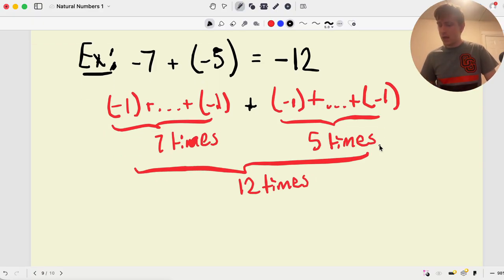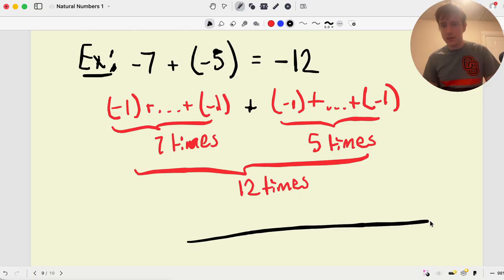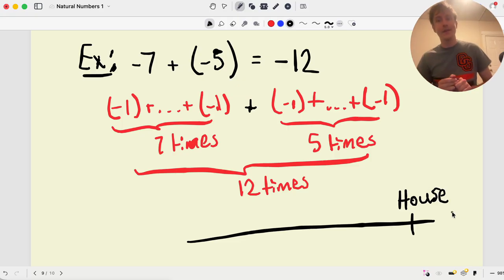Now, an alternative way of viewing this, from physics, is to suppose that I have some sort of path, and you start walking from your house, and you have some way of measuring unit distances, like exactly 1 meter. I can't have fractions because we're not talking about fractions. So I first start by walking 7 units to the left.